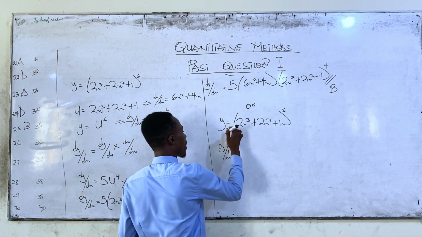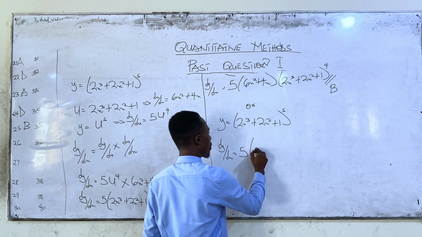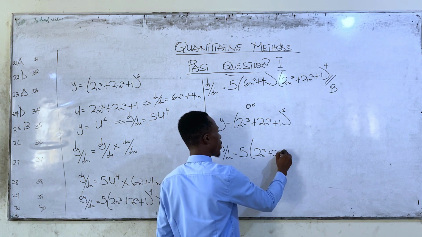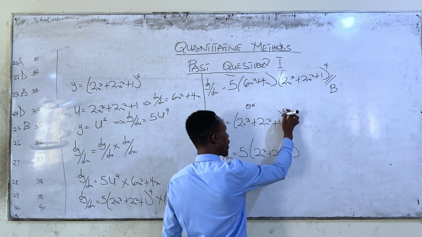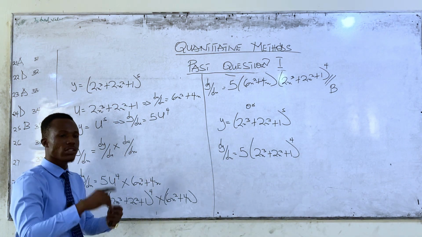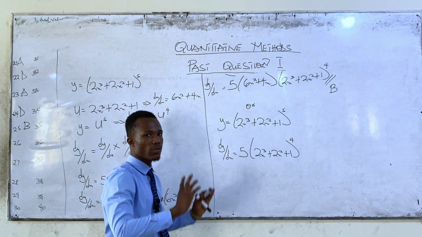Then this exponent will come here. So you have 5, then bracket open, 2x cubed plus 2x squared plus 1, right? Then you subtract 1 from here, so you have 4 here, right? And the last thing to do is just differentiate whatever is in the bracket and you are done.